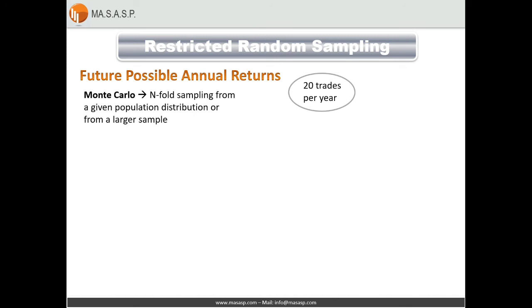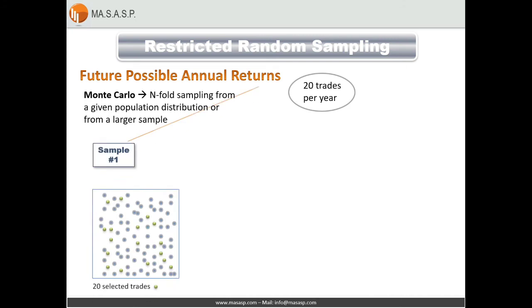In this case, we create 1000 subsamples from the large sample encompassing all profits and all losses of the recorded trades. If the system generates 20 trades per year, it is just an illustrative figure, we create many subsamples of 20 trades each.